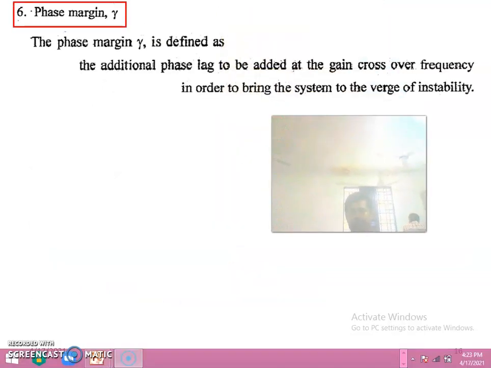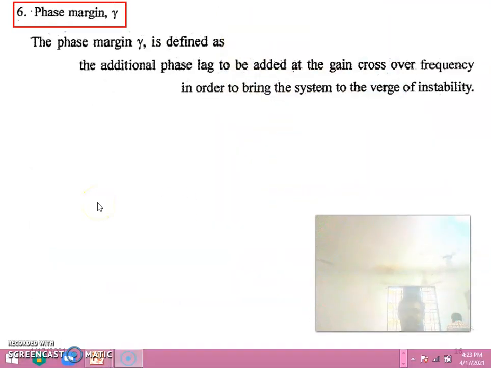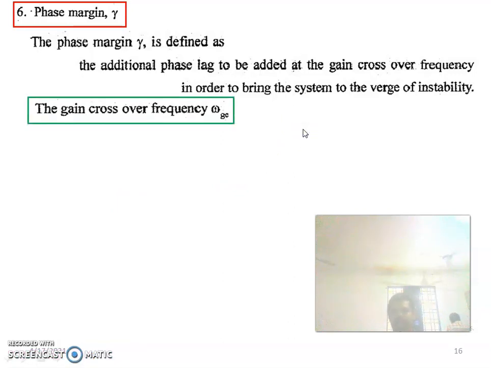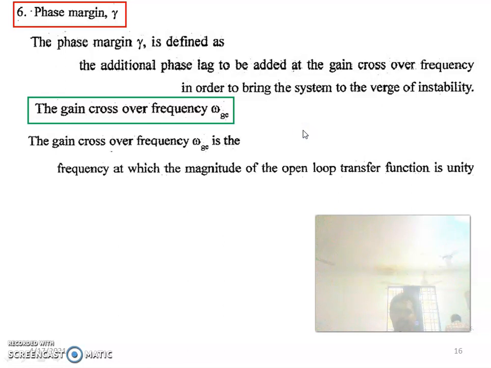Now we are going for phase margin. Phase margin is defined as the additional phase lag to be added at the gain crossover frequency in order to bring the system to the verge of instability. So gain crossover frequency is omega GC.